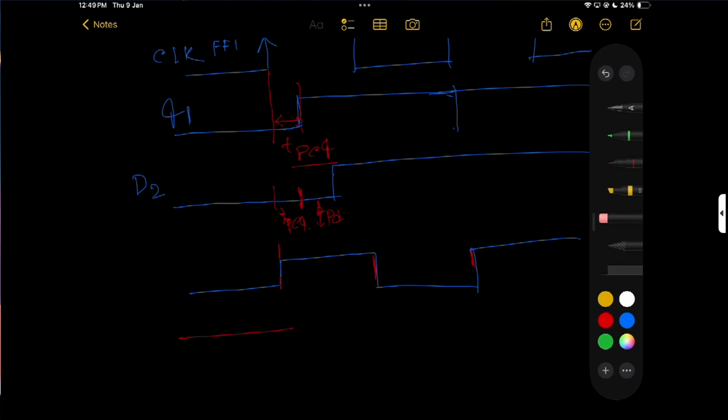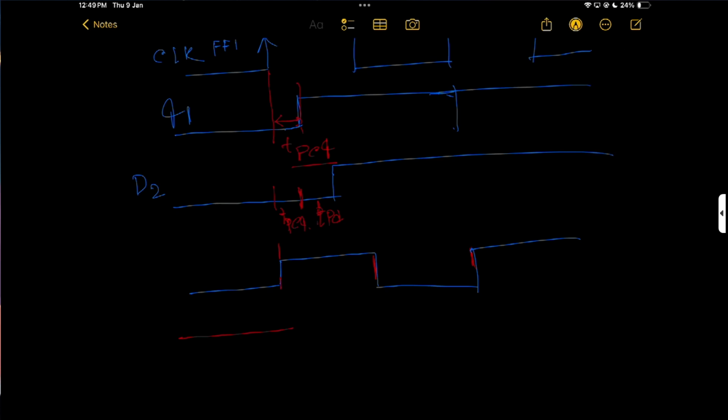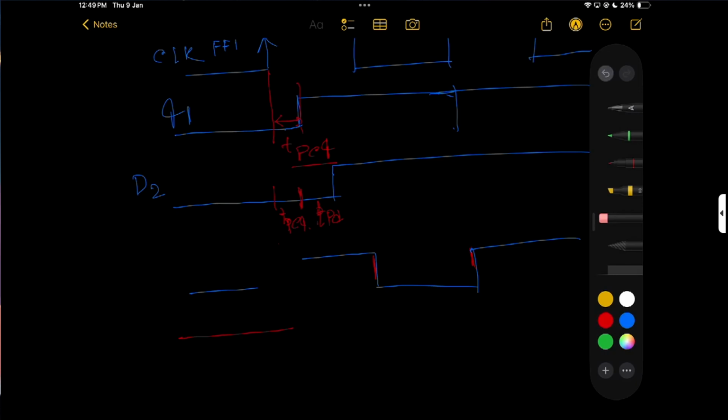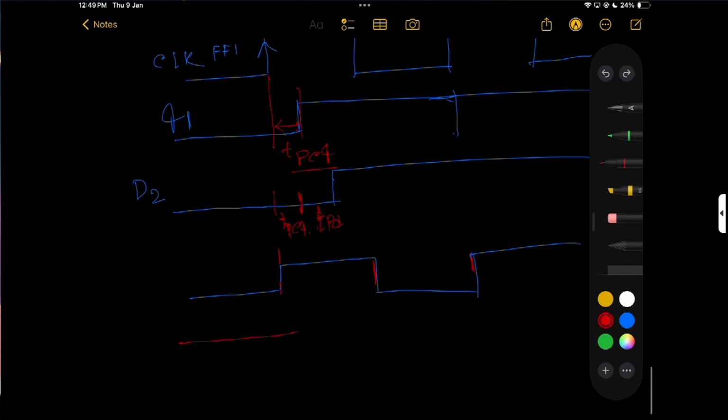Now if I make the clock, my clock should identically be here, but the problem is my clock makes some delay here, so the clock delay is like this. This is my T skew.